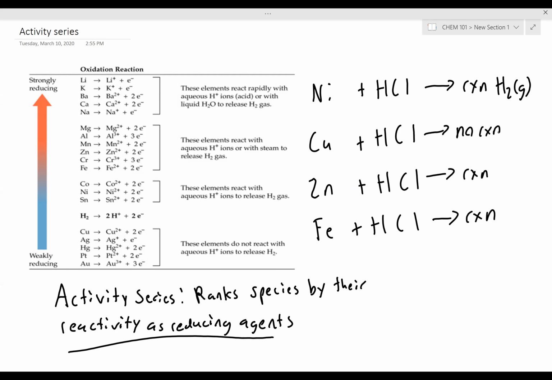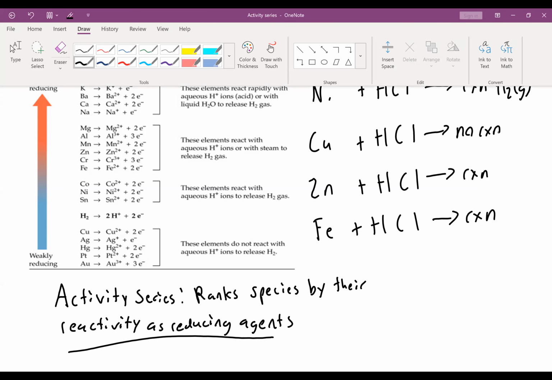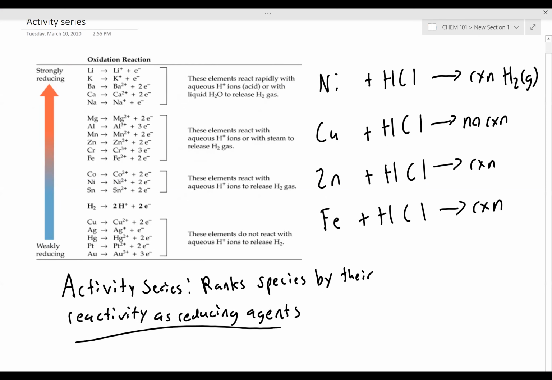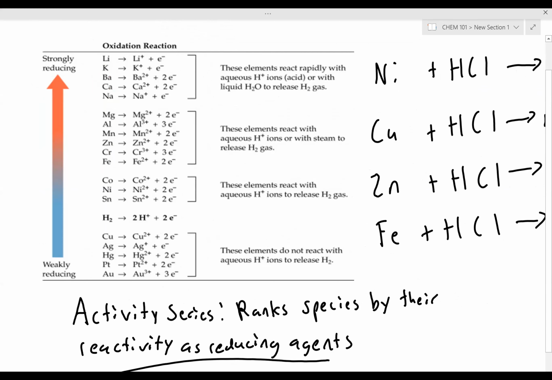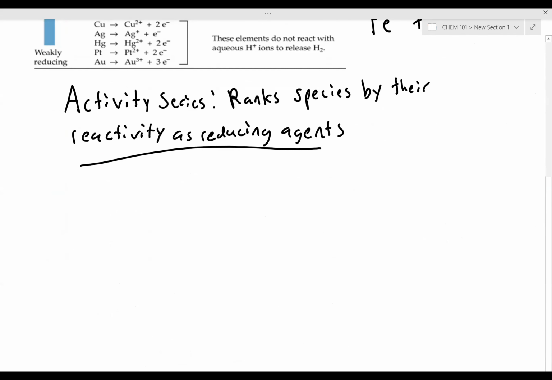So the rule for the activity series, and we'll write this on the side of the activity series, is quite simply, you're going to identify and write your metal or your reducing agent.